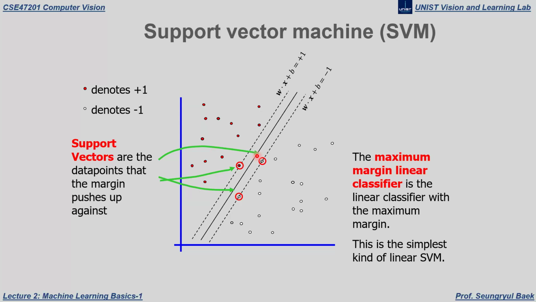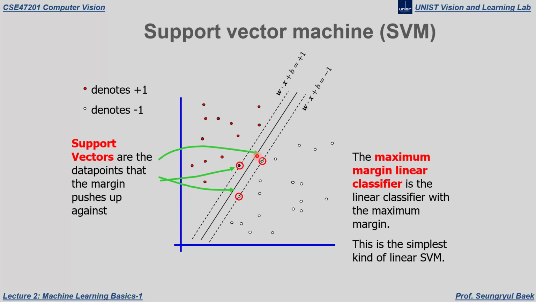This is not a bad situation, but if the training data is very sparse like this, using these few samples, your boundary may not be optimal.